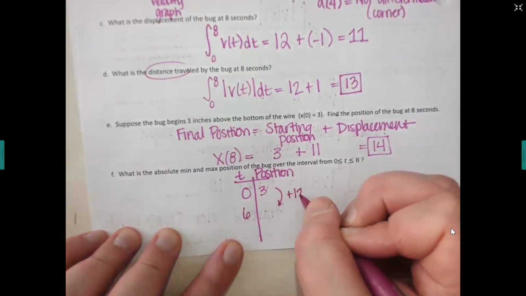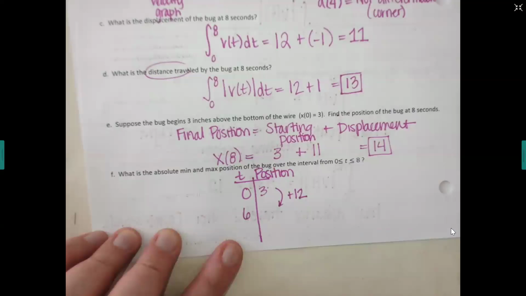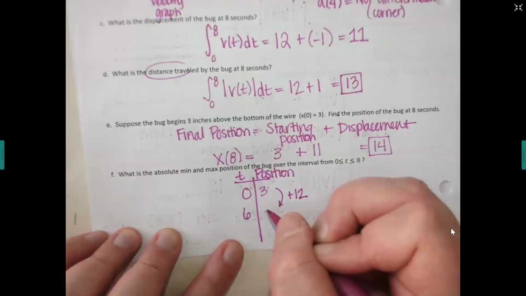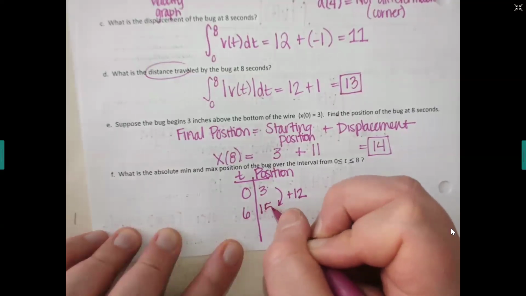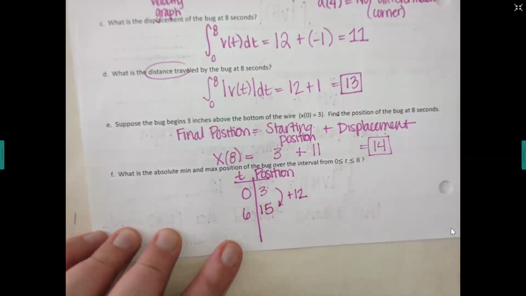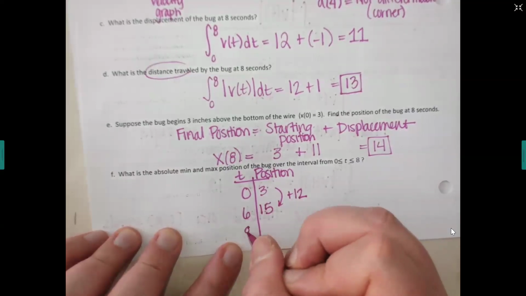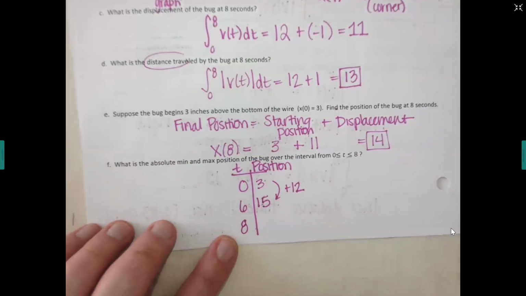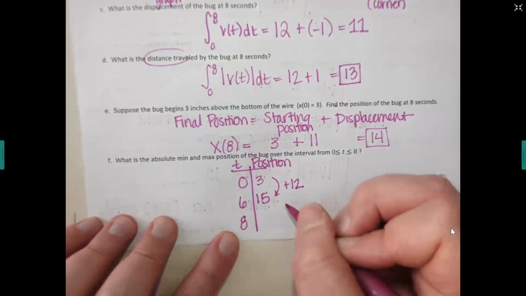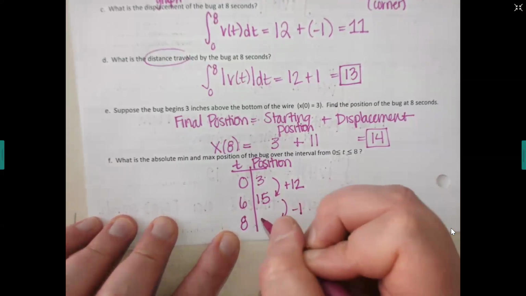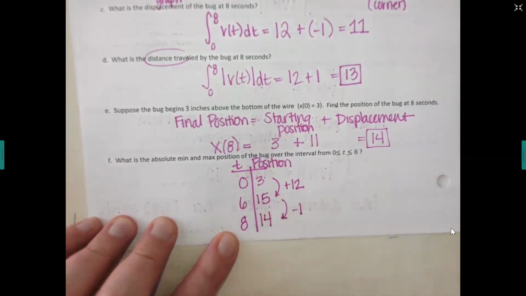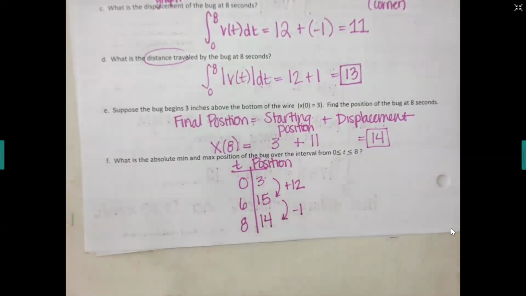So it went forward 12. Then at 6 seconds, where was the bug? 15. Very good. And then by the last 2 seconds, that puts me at 8. The bug went how far backwards? Think about the area. It went backwards 1. That puts it at 14, which is the exact same answer we got here.